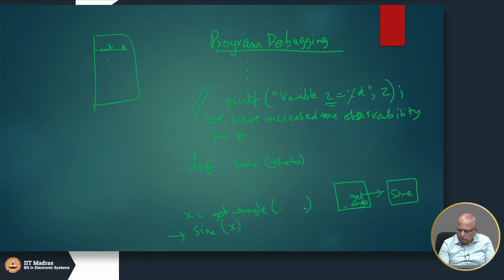But how do I want to know whether sin itself is working correctly or not, or whether the bug is with get angle. Then what I want is, I want directly sin to get some value. So, I can put a multiplexer of some kind.